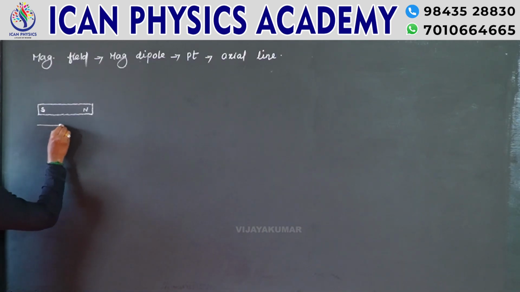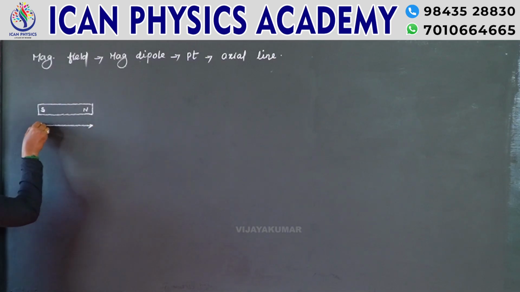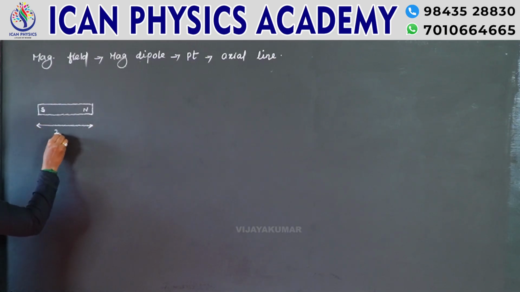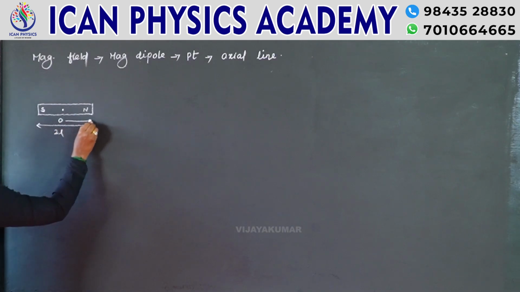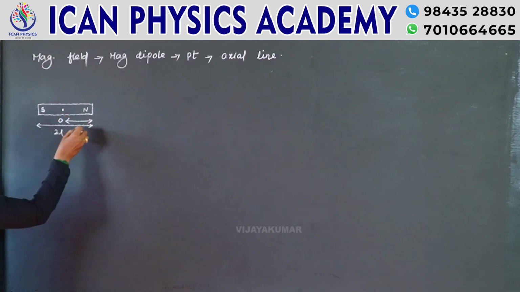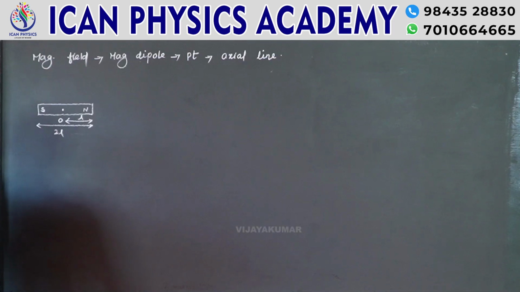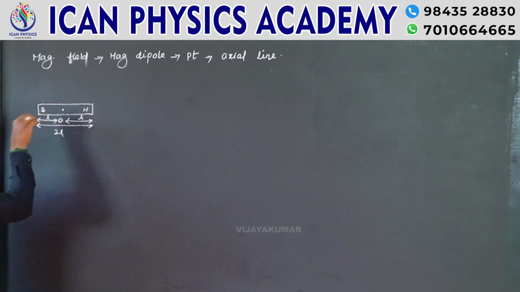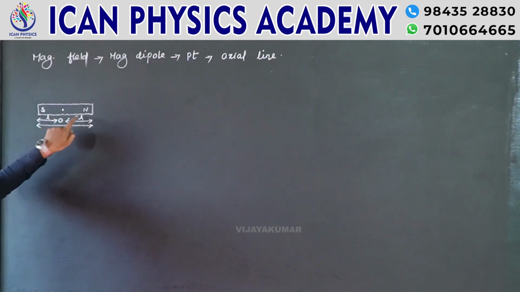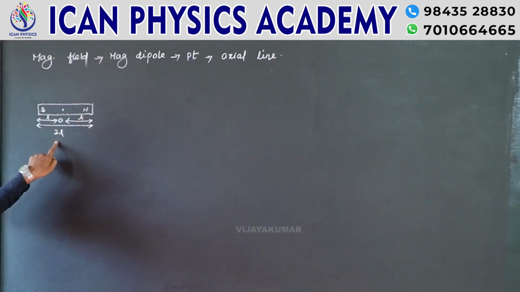So what is the distance between the north pole and the south pole? It is taken as 2L. Exactly, what can we call this midpoint? O. So what is the distance from O to N? L. What is the distance from O to S? L. So we can say L plus L is 2L.